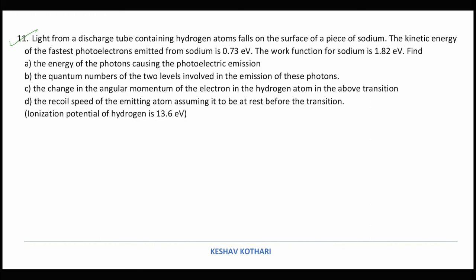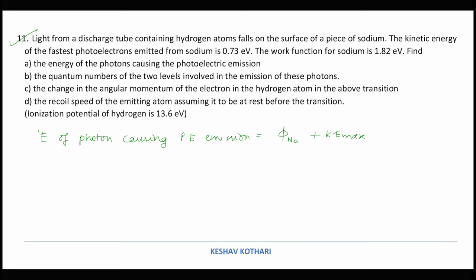So if we begin solving this problem, the energy of the photon causing photoelectric emission can be written as the sum of the work function for sodium metal plus the kinetic energy of the fastest moving electron, which I am referring to as kinetic energy maximum.